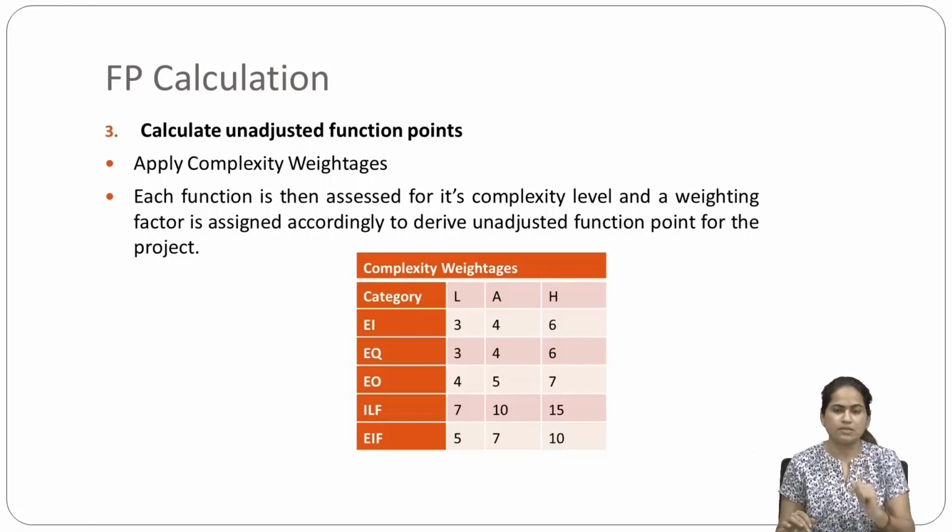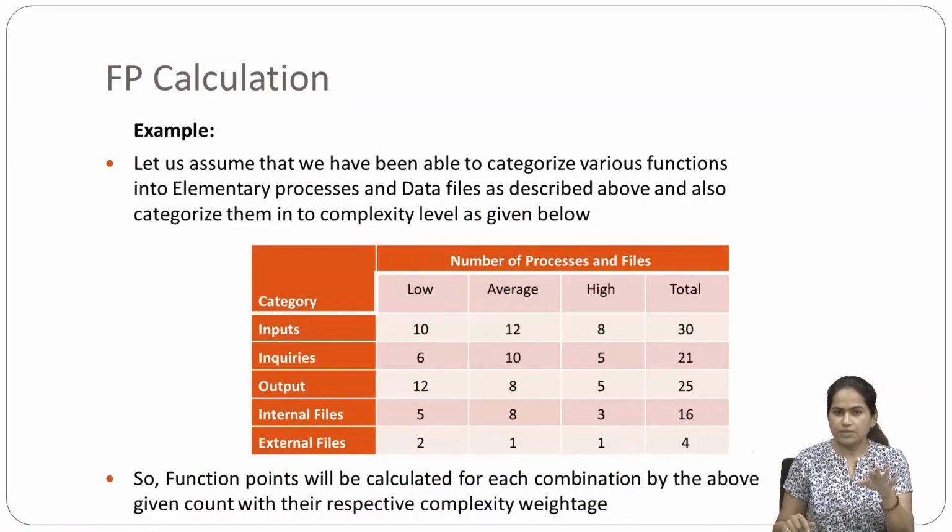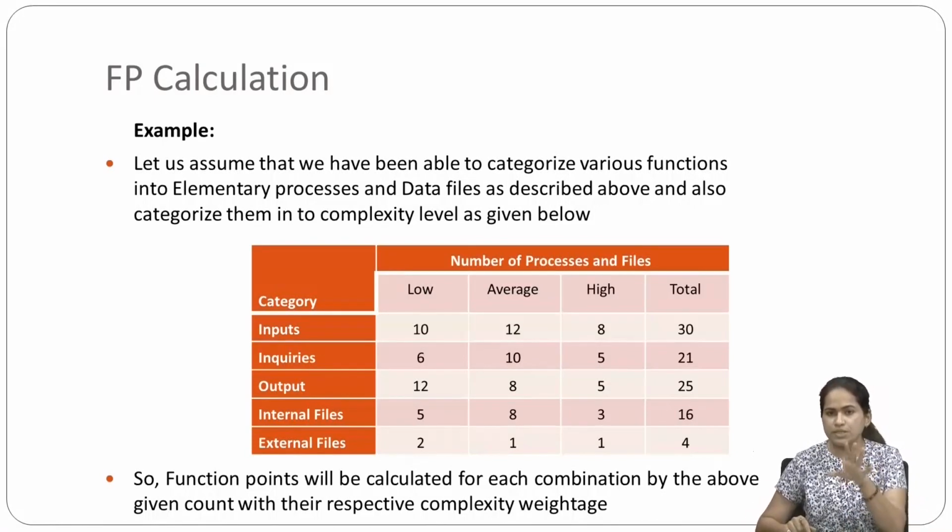See here in this slide, complexity weightages are given to you: 3, 4, 6, 3, 4, 6, 4, 5, 7, 7, 10, 15, 5, 7, 10. These things you are going to calculate with this one. This is the number of processes and files, the total number of files you have.